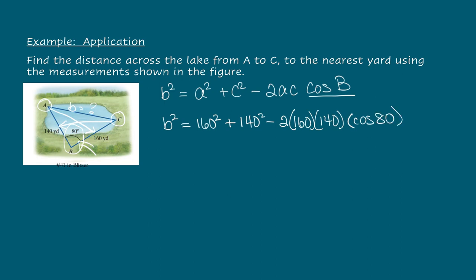Remember, your calculator needs to be in degrees when you enter that in, or it's not going to give you the right result. B squared is going to equal 25,600 plus 19,600 minus 7,779.